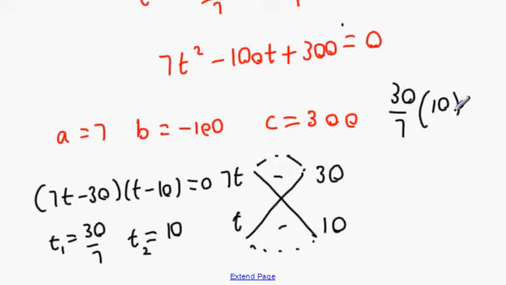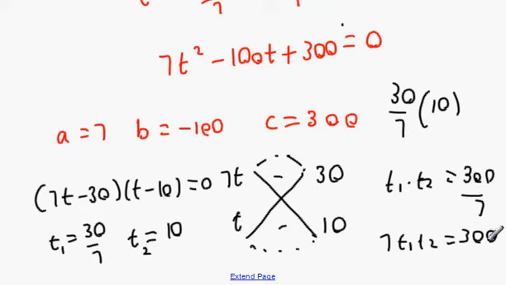And that's t1 multiplied by t2, which is going to be 300 over 7. And then cross multiply the 7 up and you're going to get 7 t1 t2 equals 300, okay?